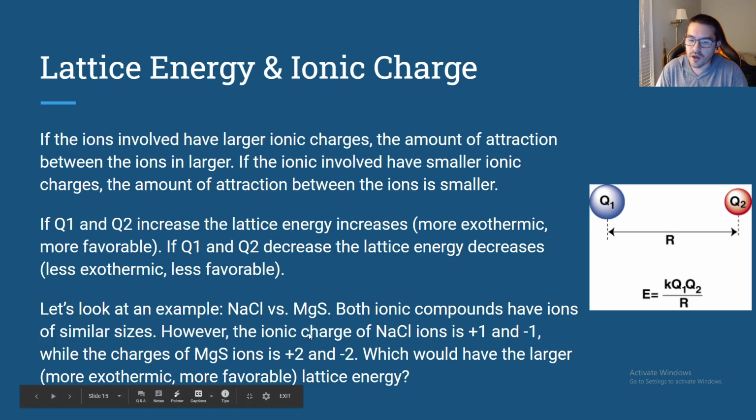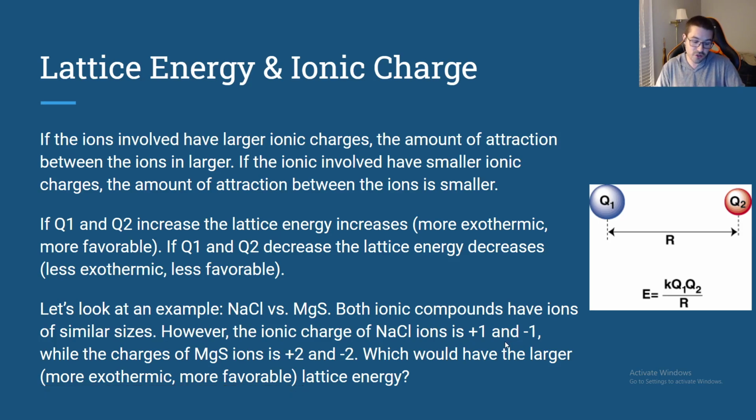What is 2 times 2? 2 times 2 is 4. So when you have an ionic compound that's got plus 2 minus 2 and you compare it to one that's only got plus 1 minus 1, the lattice energy is actually going to be about 4 times larger than it would be in this situation, because we're multiplying these charges times each other.